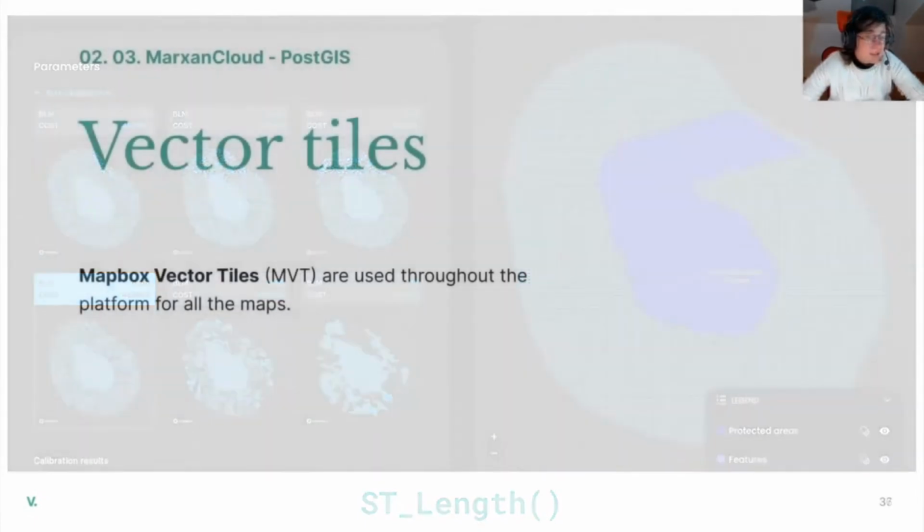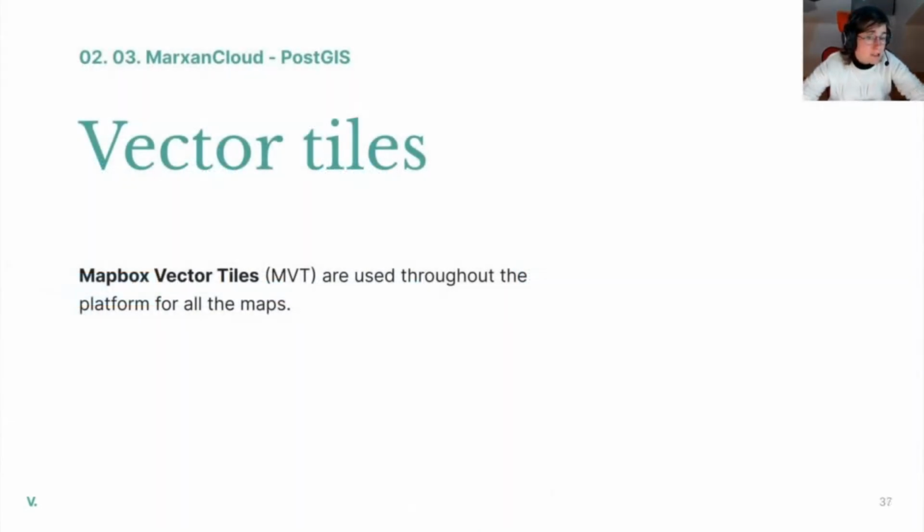Here is another example of the use of PostGIS through the platform. Within our maps, we make use of vector tiles that are produced directly by PostGIS through custom queries and prepared statements. We also apply simplification to the displayed geometries depending on the sublevel.